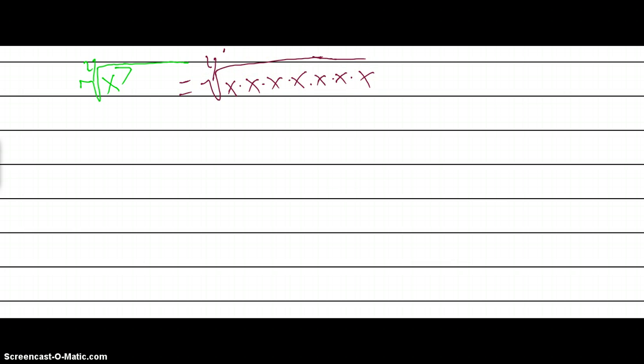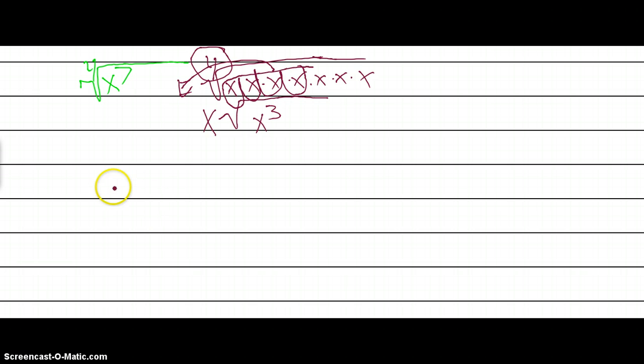So remember, it's the fourth root. So we need 4 before we can take it out. So we have 1, 2, 3, and 4. So we can take it out. So we're left with x times x times x. So we take this out, it's just x. And what's left over, x times x times x, is just x cubed.